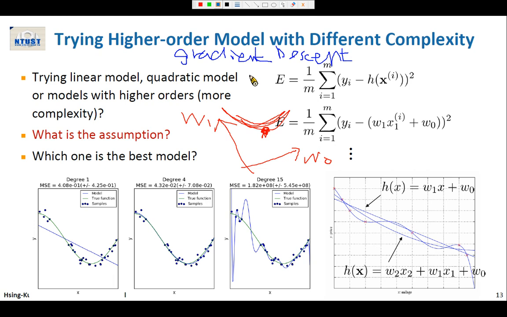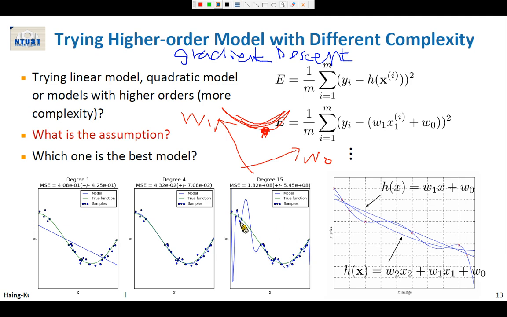But if we think the linear regression is not good enough, such as in this case, then maybe we should do something else. We can try higher order polynomials, right? But how high? We can try from degree 4 to degree 15, then which one is the best model?